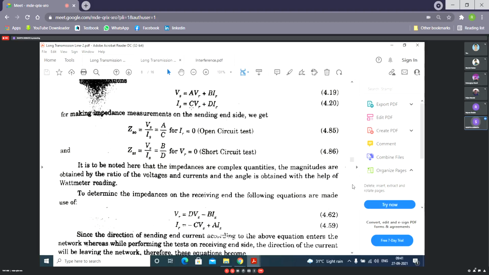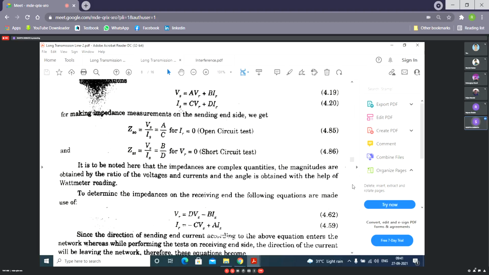And we know this equation. When IR equal to 0, A equal to Vs by VR. When VR equal to 0, D will be equal to Is by IR. So ZSO, we are getting Vs by Is.